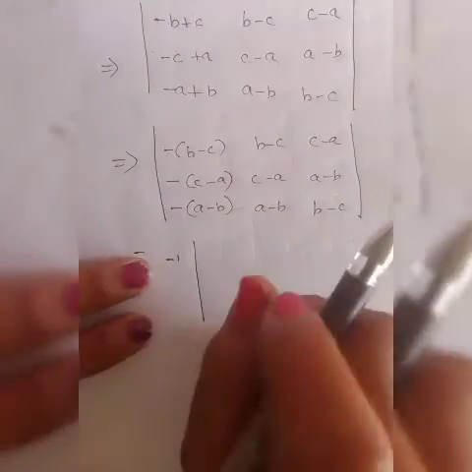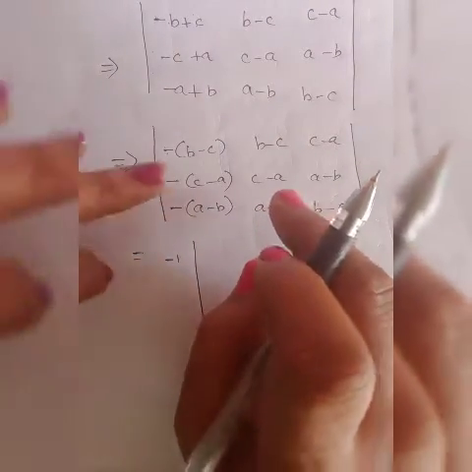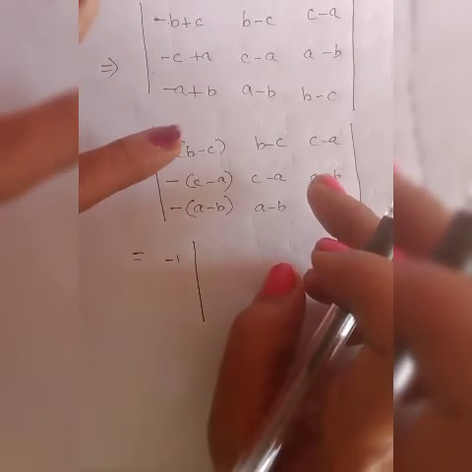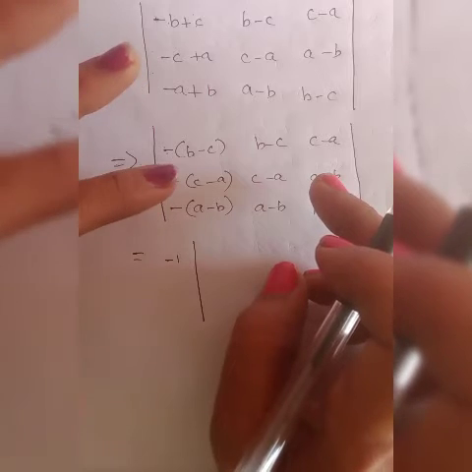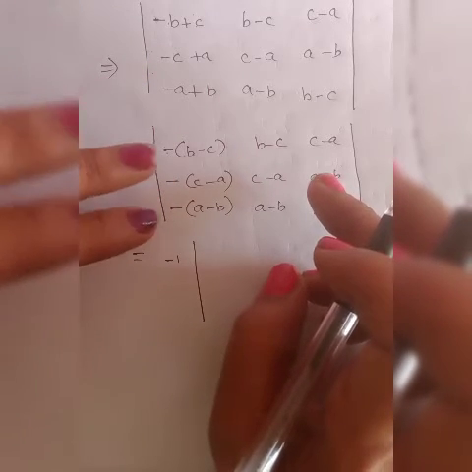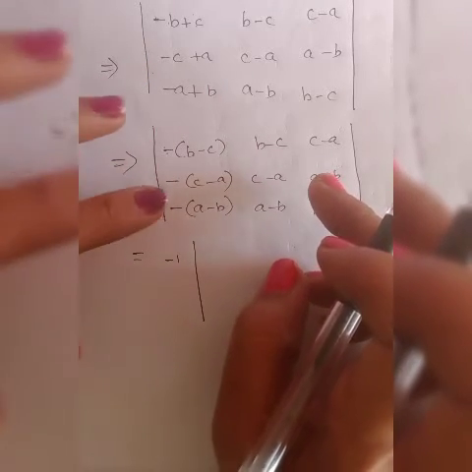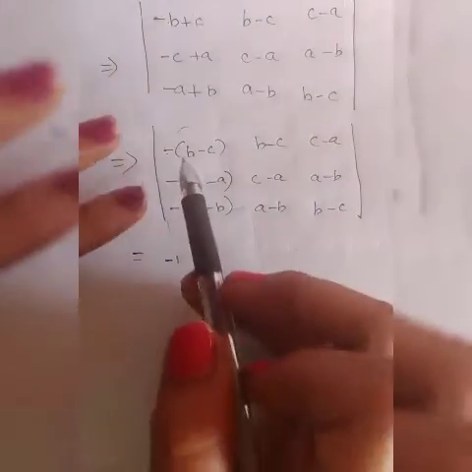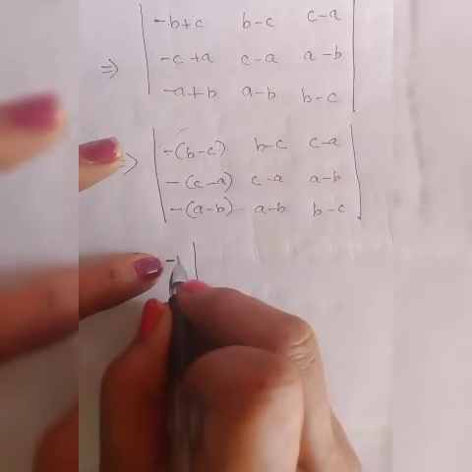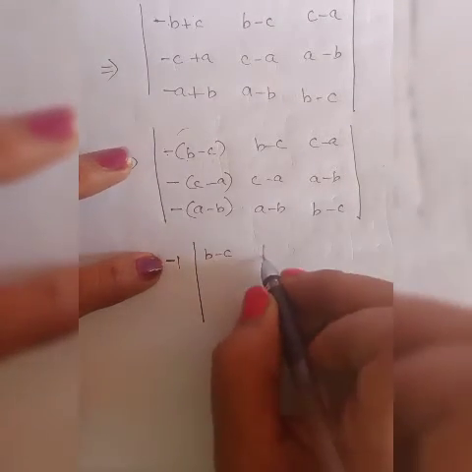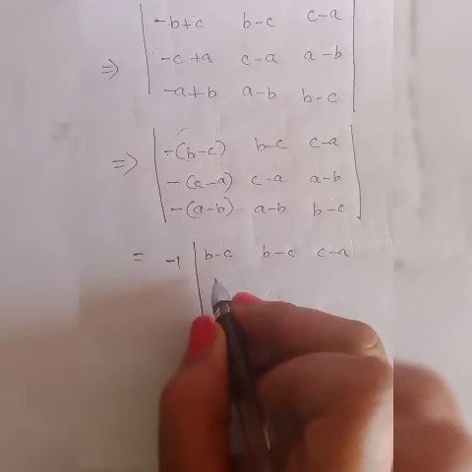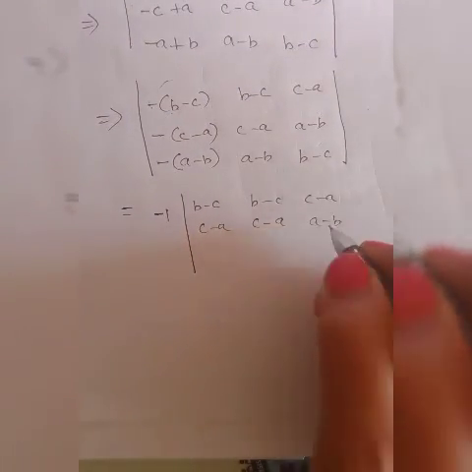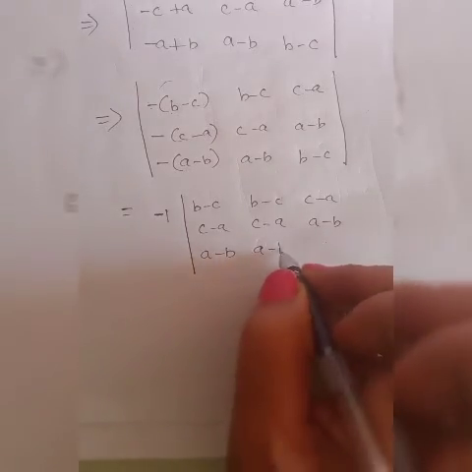I am using the property that if any row or column of the determinant is multiplied by a scalar k, then the value of the determinant is also multiplied by k. That is, k times the determinant I can write. So from this entire column I am taking minus 1 outside. So minus 1 times the determinant with columns: b minus c, c minus a, a minus b; b minus c, c minus a, a minus b; and so on.